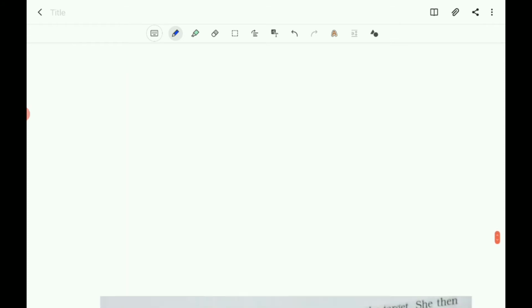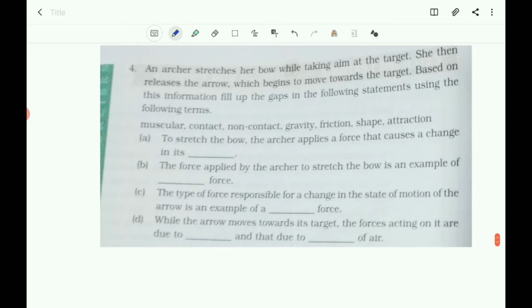Next question is, an archer stretches her bow while taking aim at the target. She then releases the arrow which begins to move towards the target. Based on this information, fill up the gaps in the following statements using the following terms.